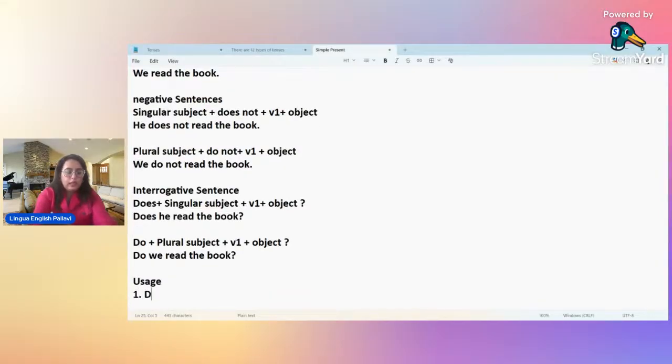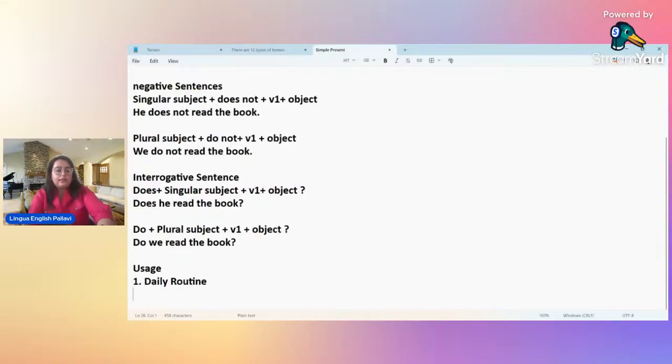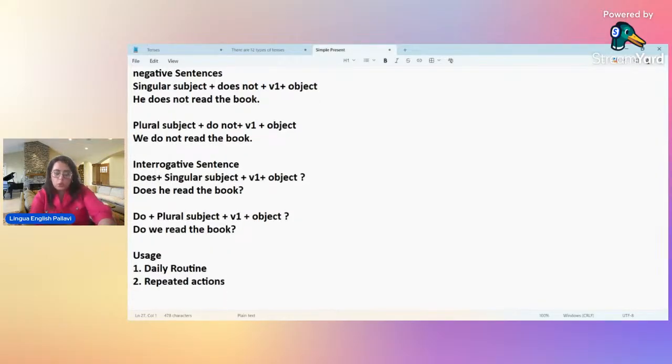Number one, daily routine. Whatever you do daily, there you use it, like I go to school, I study, I go to office. Next it is repeated actions. The actions that are repeated, like it happens every day, there we use it, like my mom cooks the food. It is a repeated action. Next, universal truth. What is a universal truth?